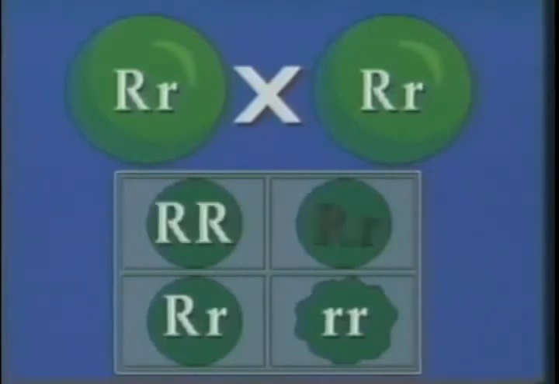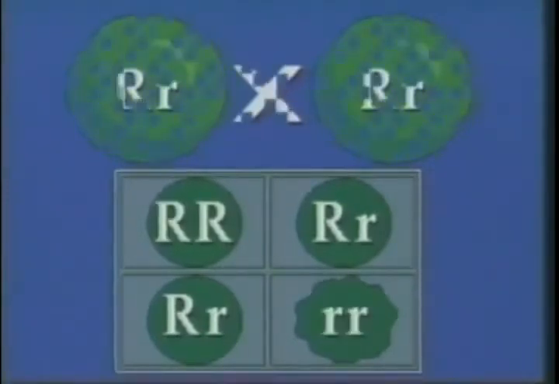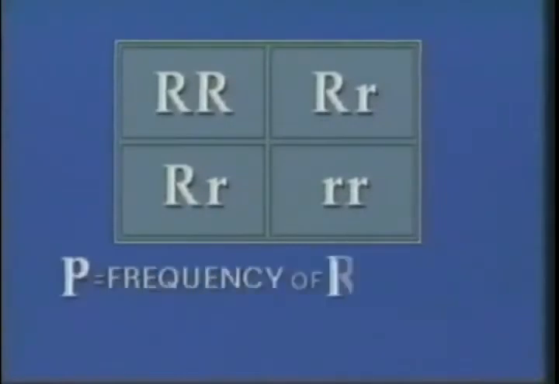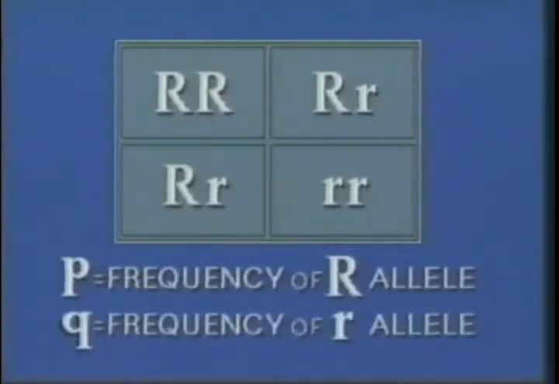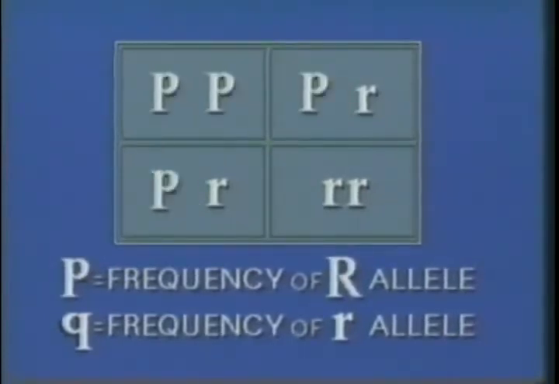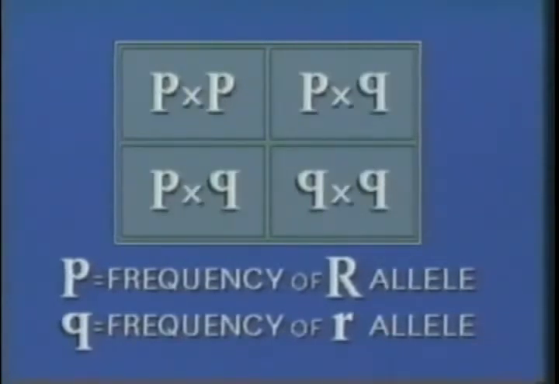Let's visualize the way alleles from hybrid parents combine in reproduction. Let P represent the frequency of the dominant allele, and Q represent the frequency of the recessive allele. Simple substitution. P in the place of uppercase R, Q in the place of lowercase r. A little multiplication, a little mop-up, and a little more.